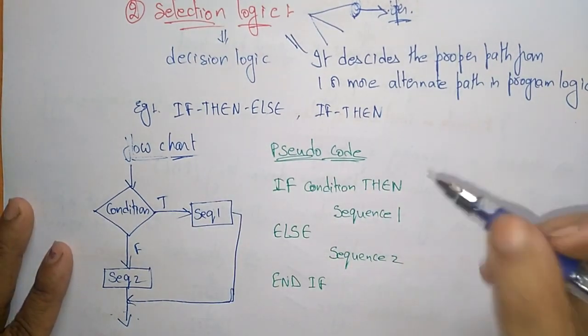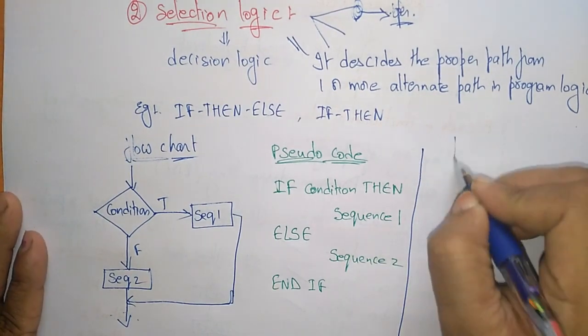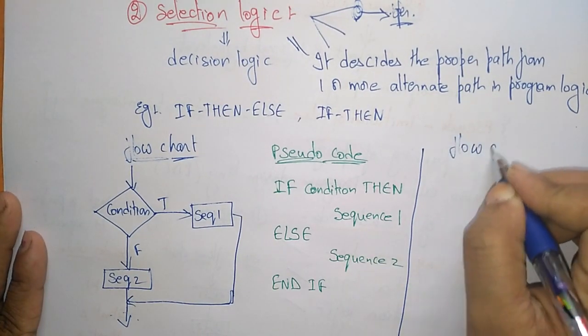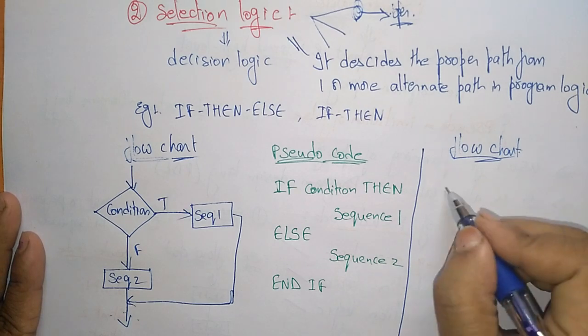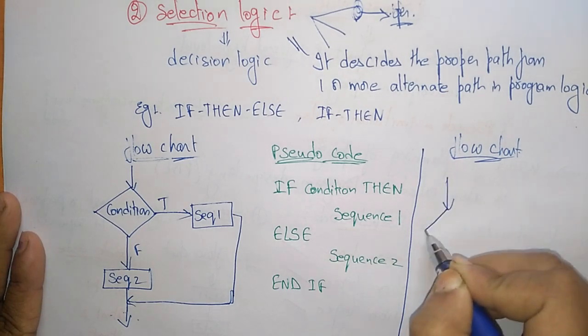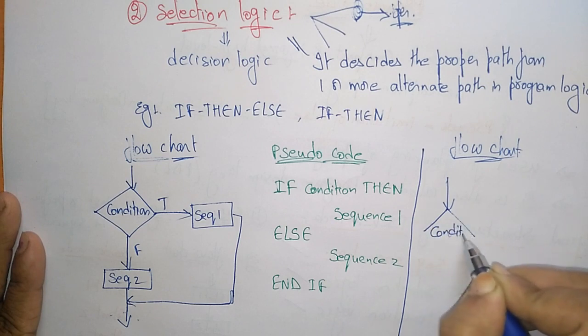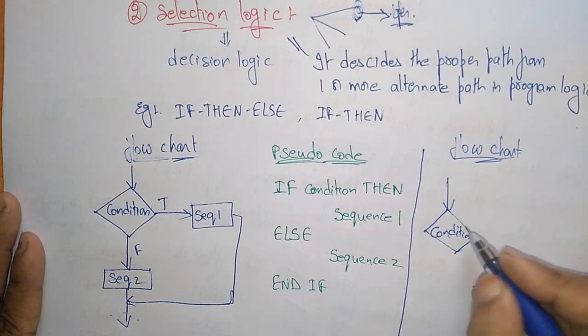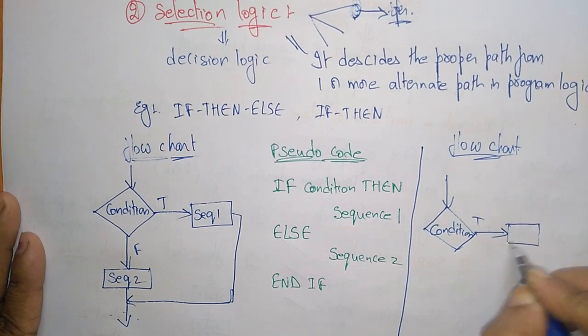So let us take if then. Coming to the flowchart, in if then the flowchart will first have a condition. If the condition is true, it takes the sequence.